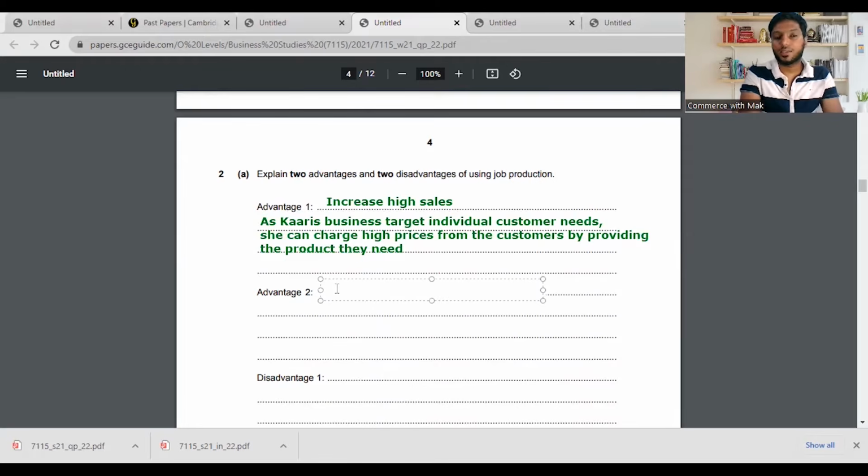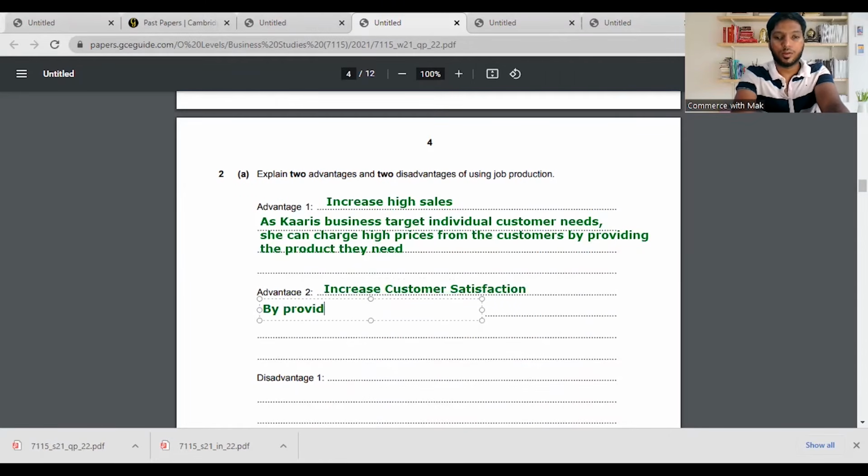Advantage two, we can say excellent customer service, or you can also say high sales is one of the reasons I wrote. You can also say increase customer satisfaction. By providing what the customer base needs, the business can satisfy and create a niche market.